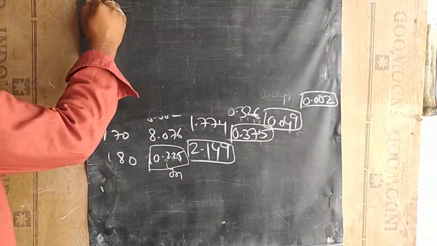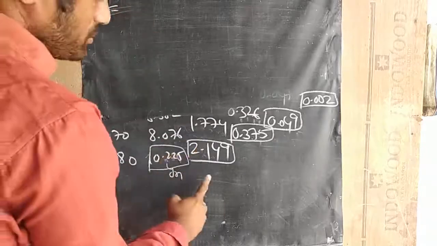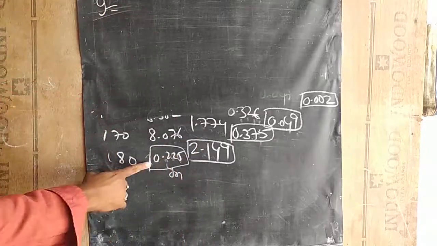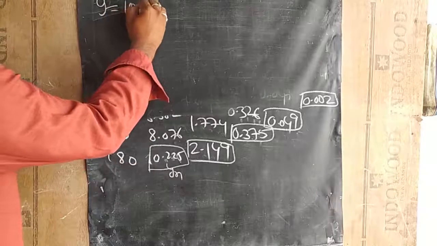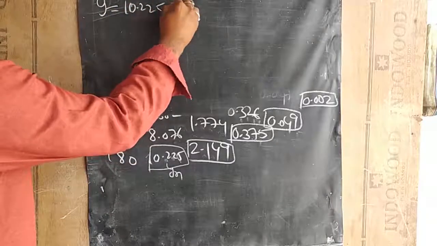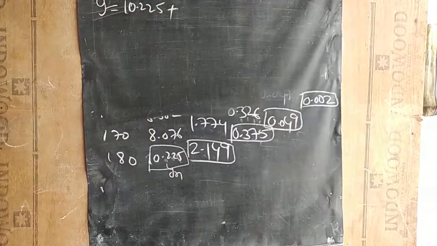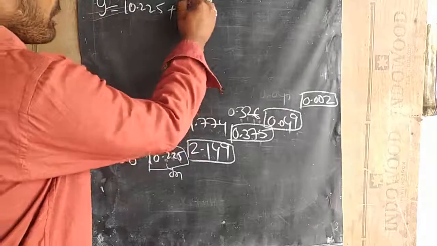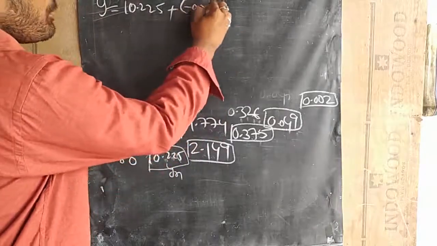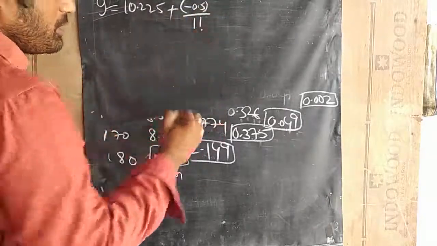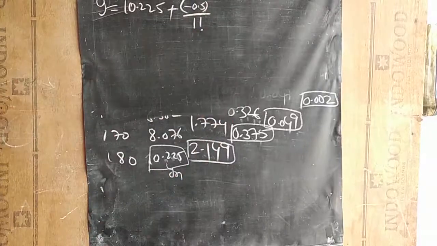So y is equal to, first, yn, that is 10.225 plus n by 1 factorial into delta yn.